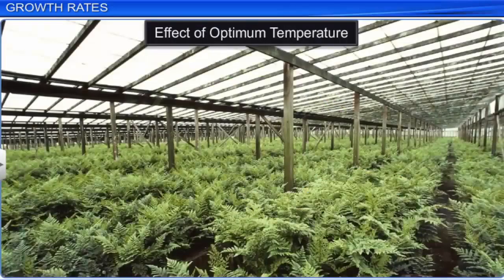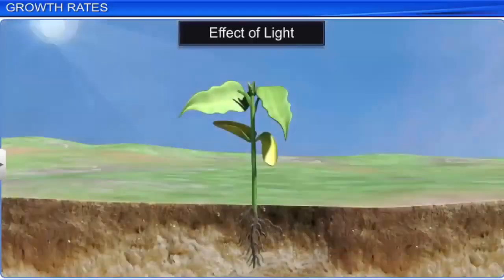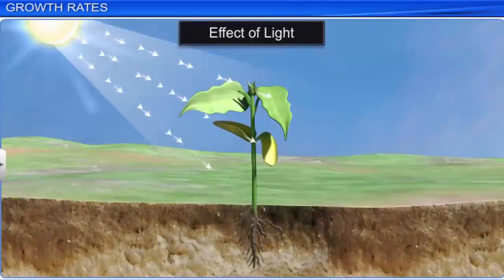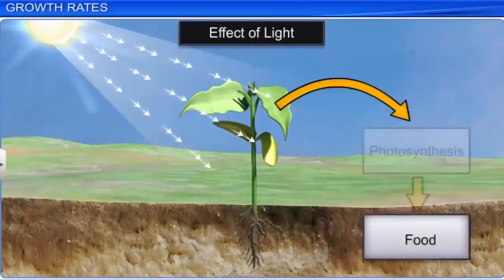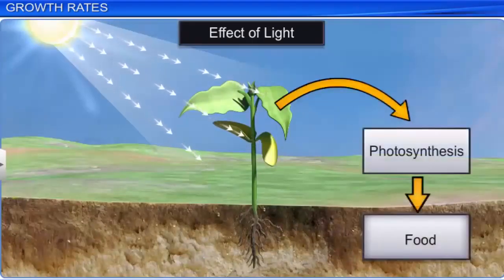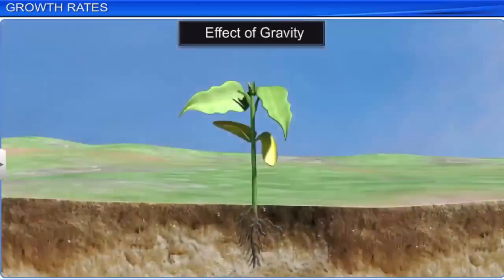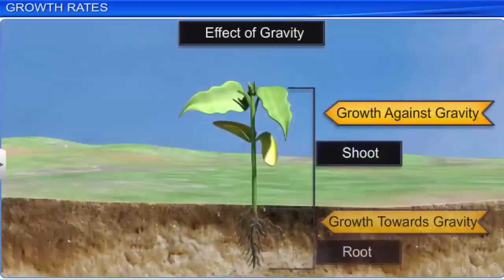In addition, plants need an optimum temperature for proper growth. The growth of plants depends on light, as they manufacture food by photosynthesis. Gravity determines the direction of shoot and root growth in plants.